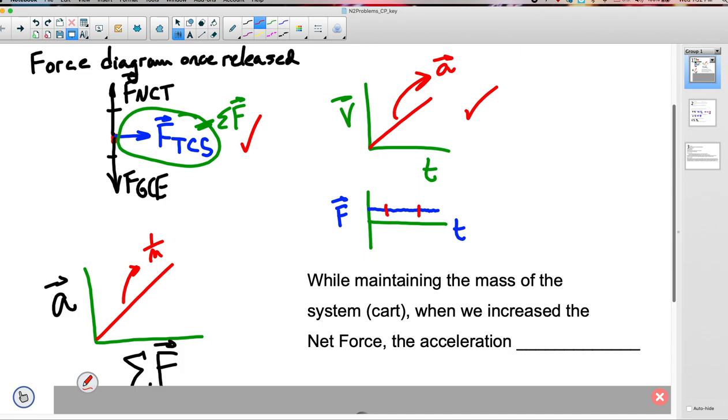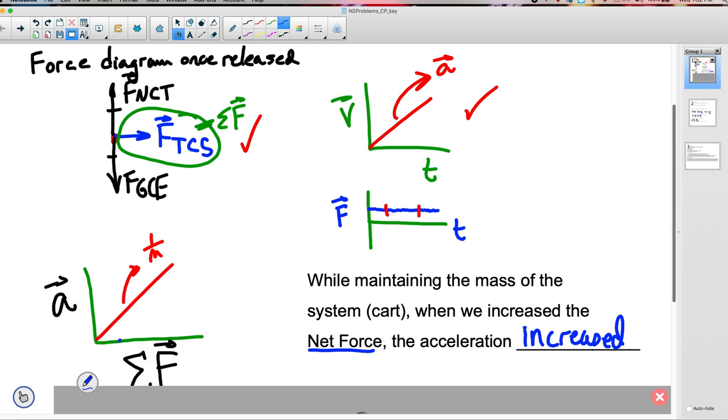But we said from that equation, in general, while maintaining the mass of the system, because we didn't change the mass of the cart, if we increase the net force, so if we pulled harder on the same mass, the acceleration would increase. Right? And that showed up here.